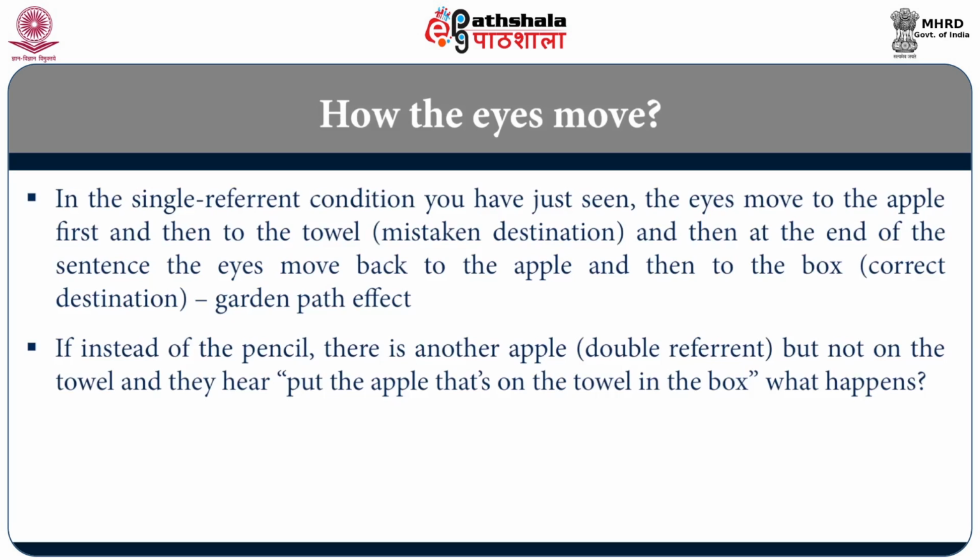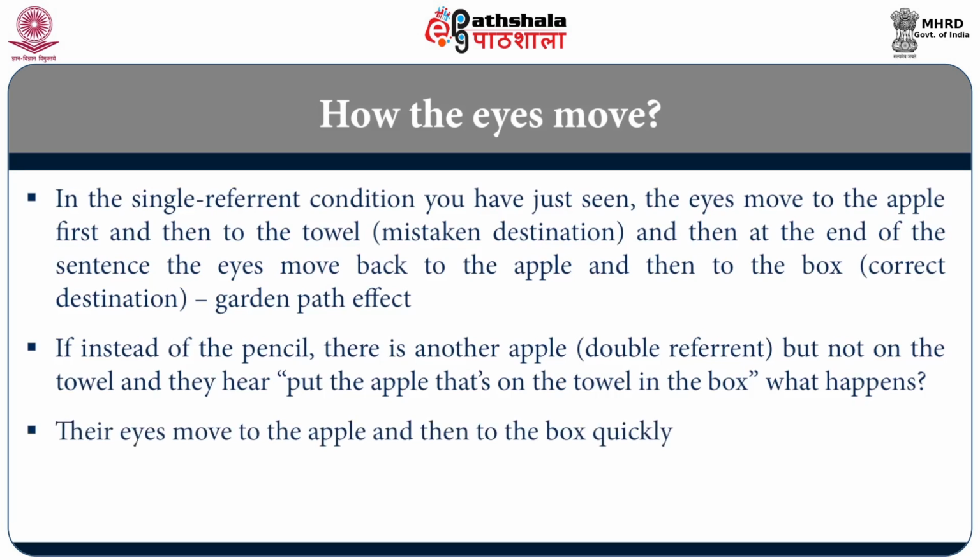There is one apple which is not on the towel, one apple which is on the towel. You've been told to move the apple on the towel into the box, and it's very clear cut. There is no garden path effect there. So the eyes don't go back, and this is how the visual world paradigm works.